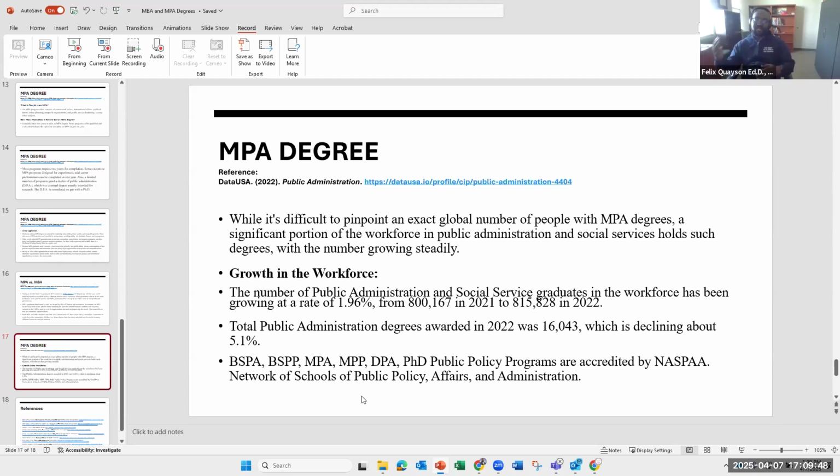The PhDs in Public Policy and Administration, or Public Policy and Political Economy, or Public Policy and Political Science, are all accredited by NASPAA. NASPAA stands for the Network of Schools of Public Policy, Affairs and Administration. So far, that's the only accreditation that I've known or read about or researched that accredits public administration degree programs or public administration education programs.